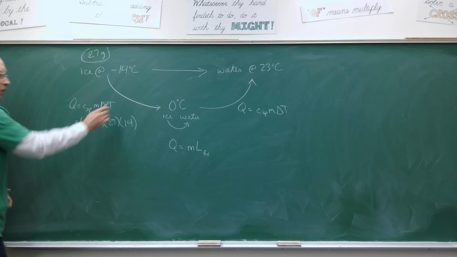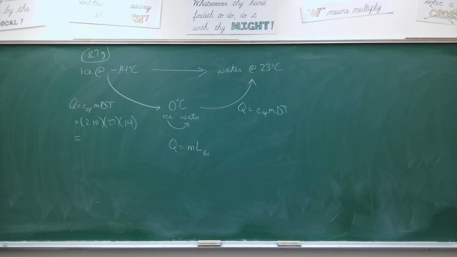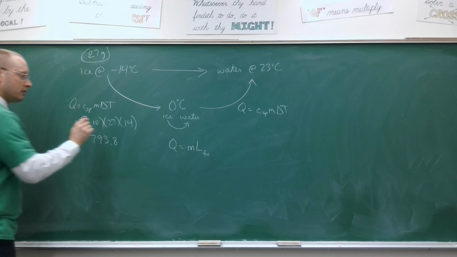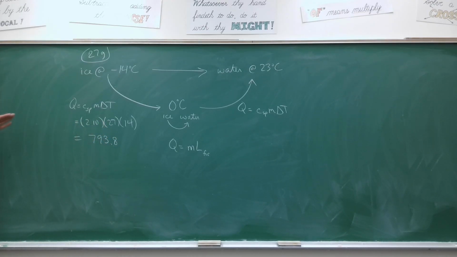And we're going to multiply all those together and get, I don't know, 600 or 700-ish? 793.8. So 793.8? We like that number? Do your sig figs matter here? In the final answer, yes. But not until we get to the final.